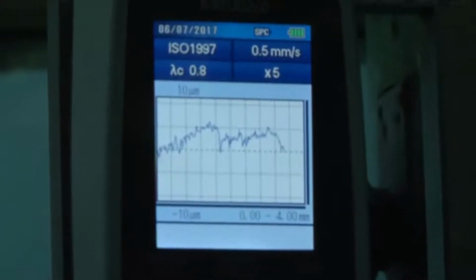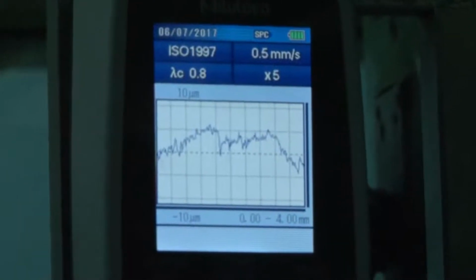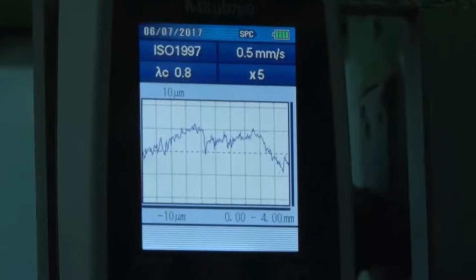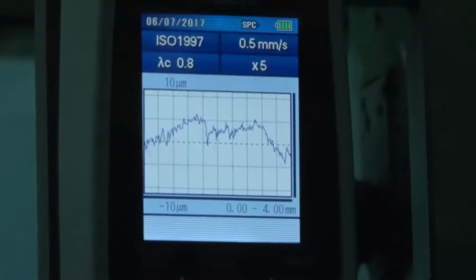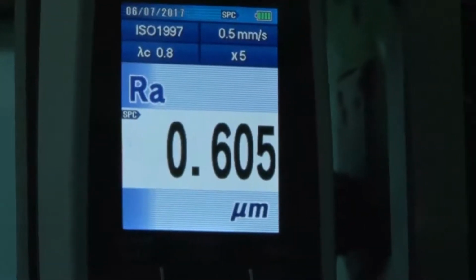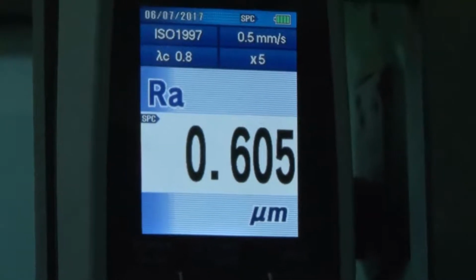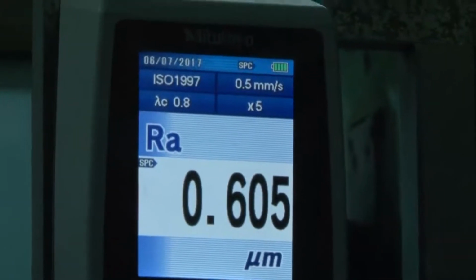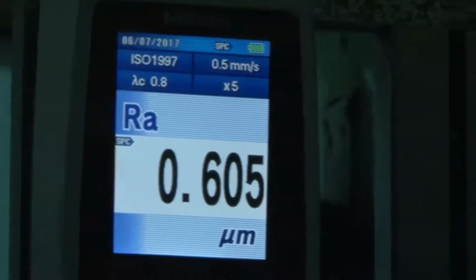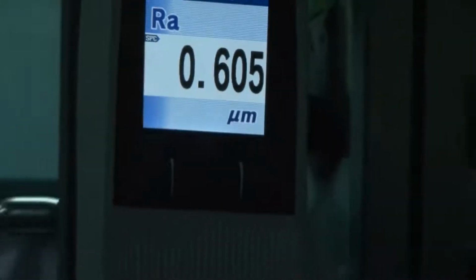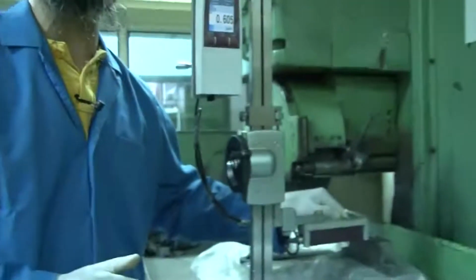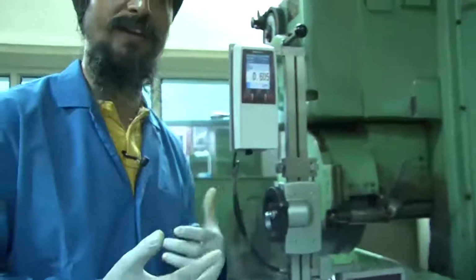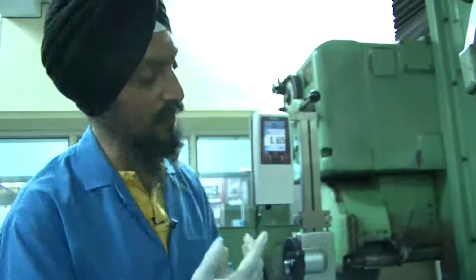We are again doing one experiment to show how the graph comes. It has moved 0.8 mm into 5, and Ra is coming 0.6 micrometer for one sample. We do not take Ra only once; we take it at multiple locations, and at one location we might do a number of replicates to ensure there are no noise levels.